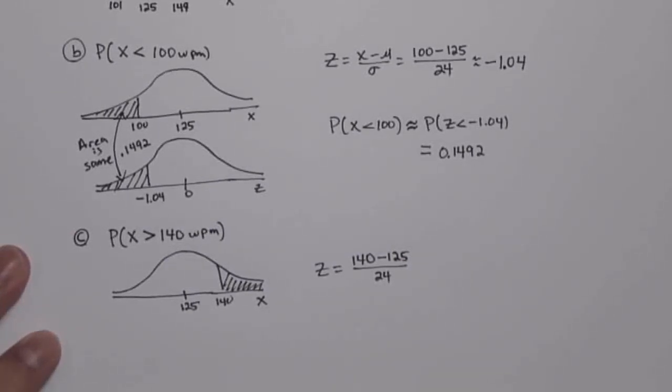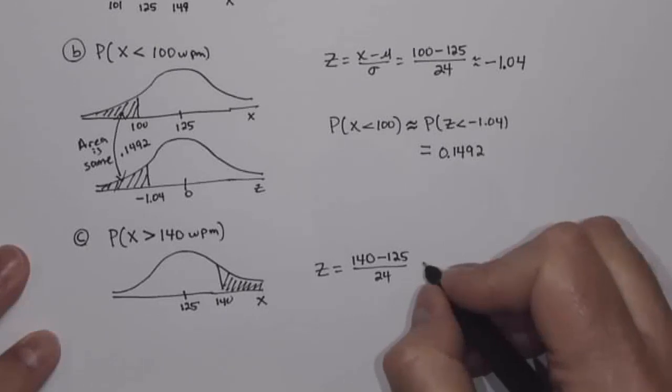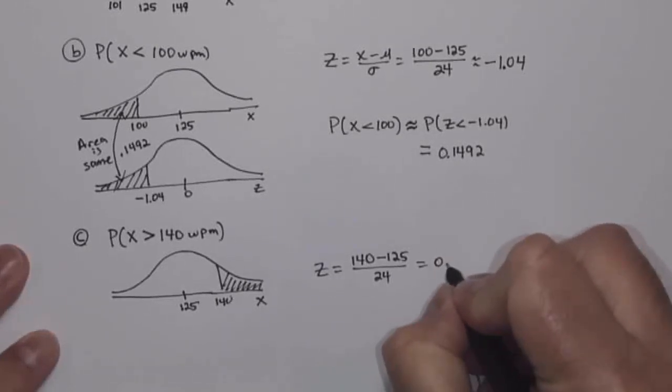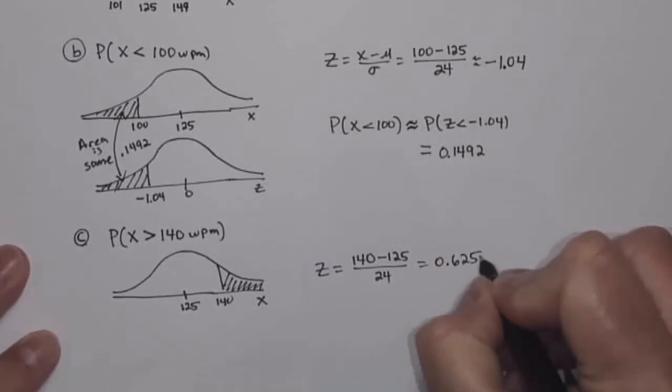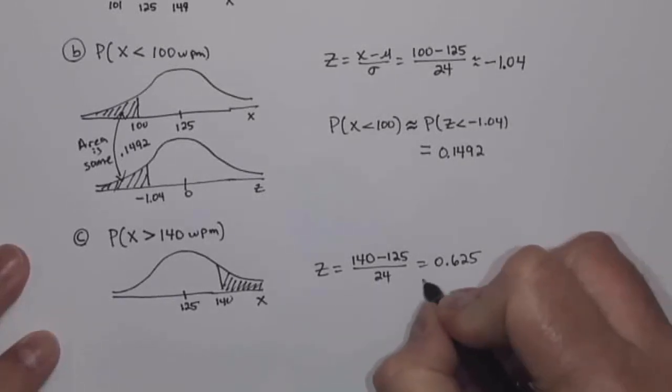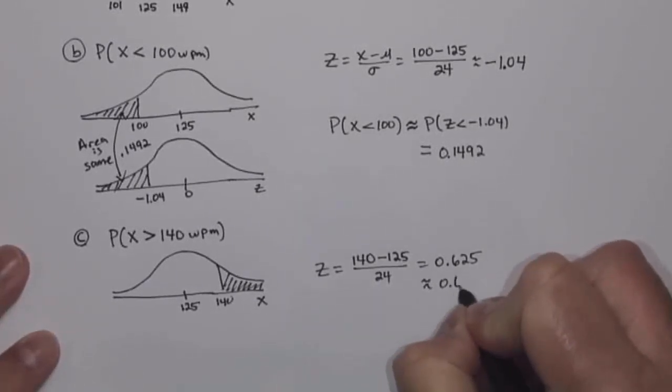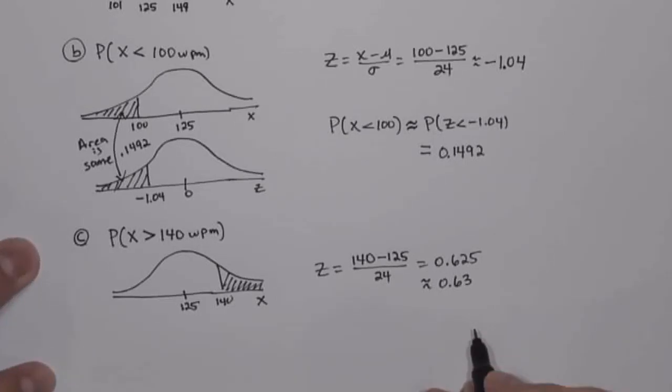Now, (140 minus 125) divided by 24, that is 0.625. I'm going to need to round that, so that would be about 0.63.